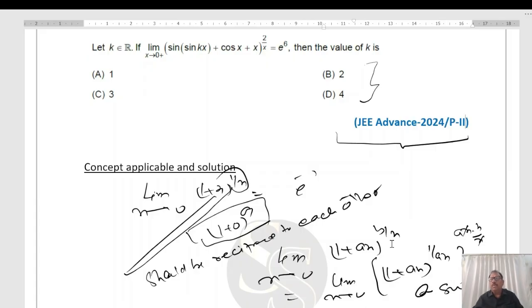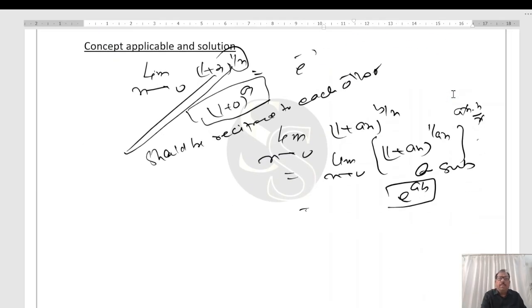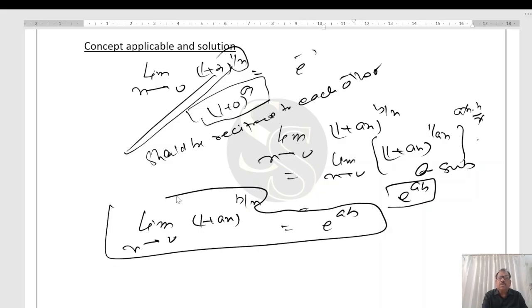On substituting limit, we get e to the power ab. e to the power ab means limit x tends to 0, (1 plus ax) to the power b by x. Answer is e to the power ab, right? I have shown the basic concept applicable here in detail.